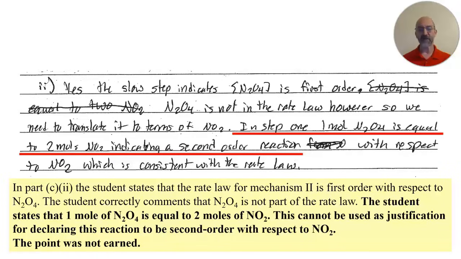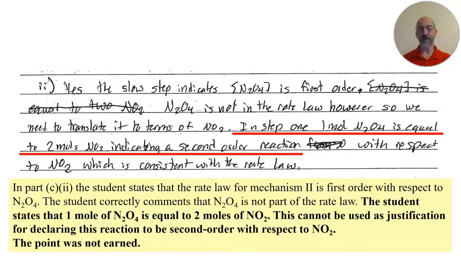However, the student just simply states that 1 mole of N2O4 is equal to 2 moles of NO2, and this statement cannot be used as a justification for declaring this reaction to be second order with respect to NO2. So there's no algebra, there's no substitution, there's simply a statement that we're going to replace N2O4 with 2 moles of NO2, and that is not earning the point.